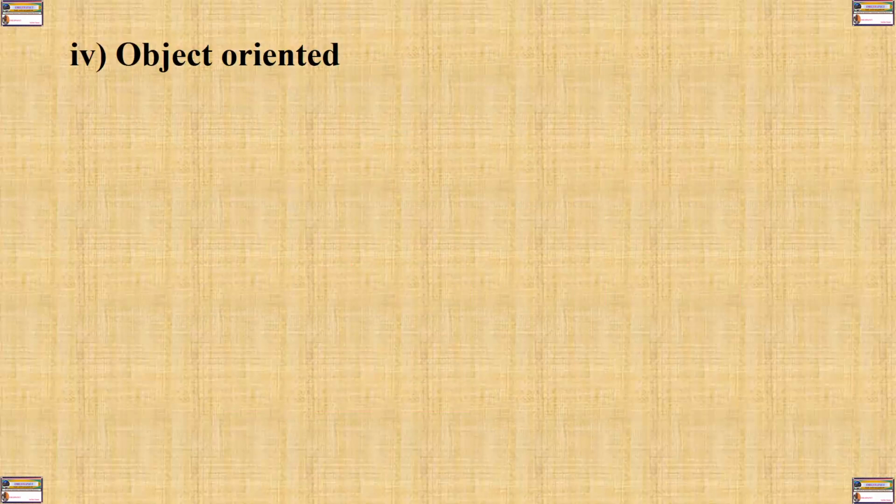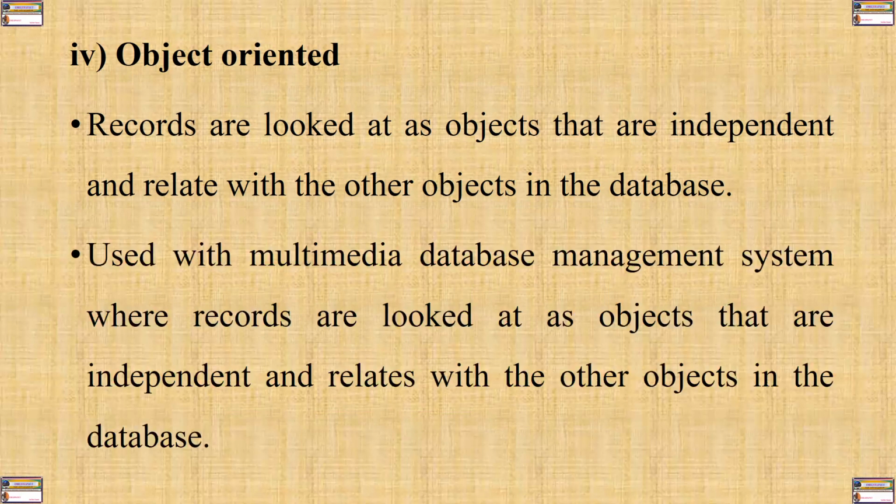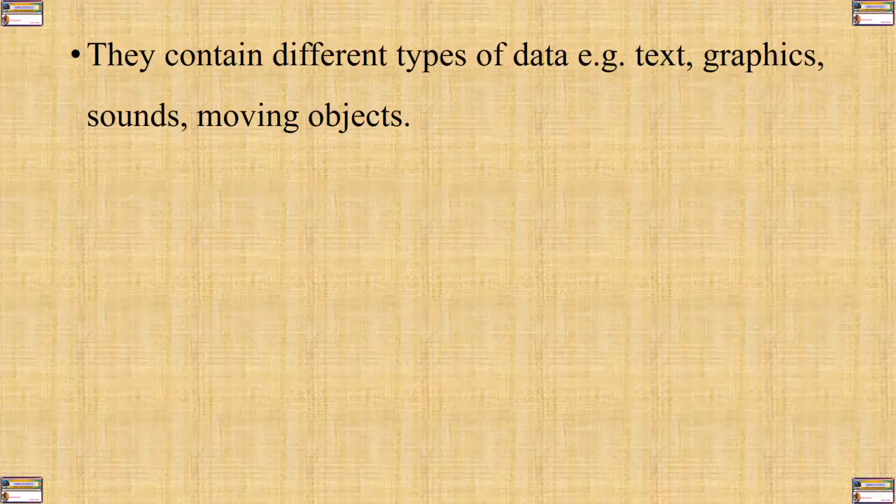The fourth type is object-oriented. In this case, records are looked at as objects that are independent and relate with the other objects in the database. It is used with the multimedia database management system. They contain different types of data, for example, text, graphics, sounds, moving objects.